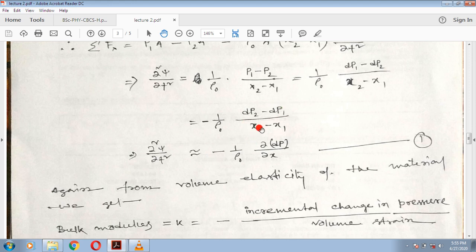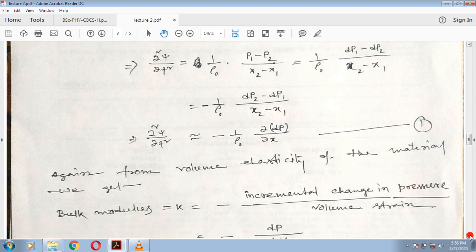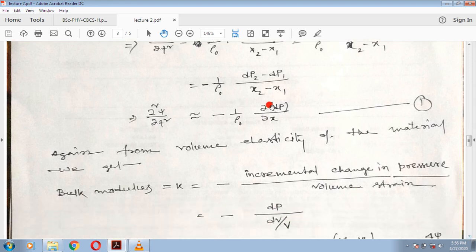So when x2 minus x1 tends to 0, means the segment length is very small, then we may write del 2 psi del t square equal to 1 by rho naught del dP by del x. So del dP is the incremental change in pressure.